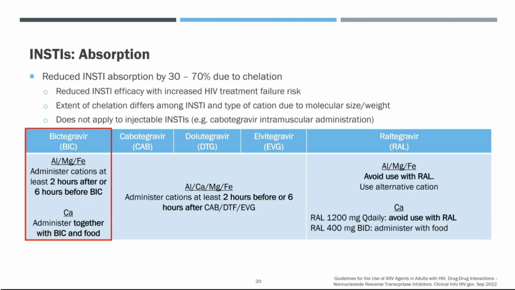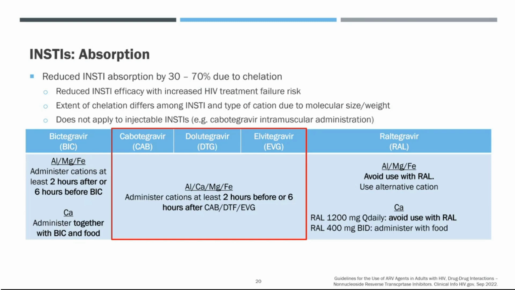But for bictegravir, patients taking aluminum, magnesium, and iron need to space them out by taking these supplements at least 2 hours after or 6 hours before taking their bictegravir. But calcium, due to its smaller molecular weight, can be administered together with bictegravir with food simultaneously.